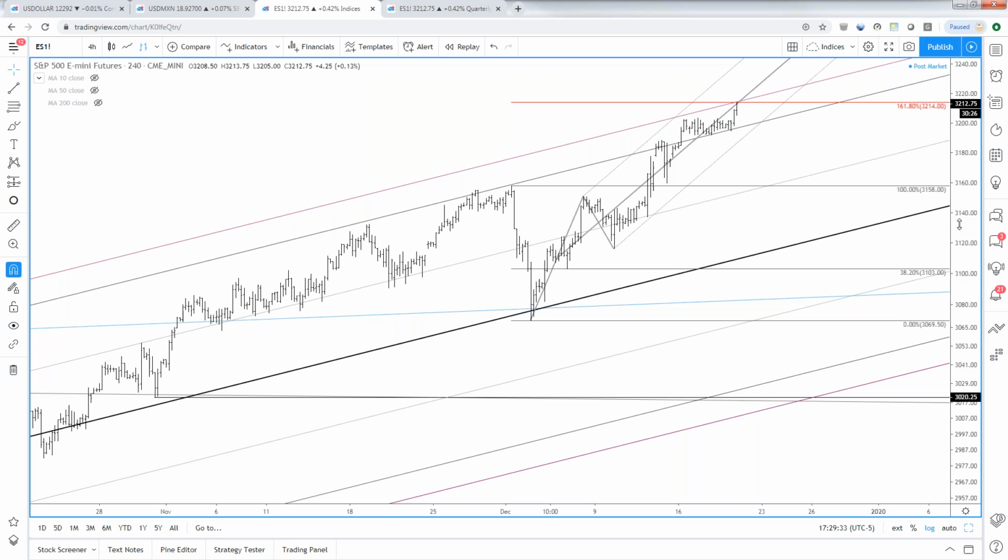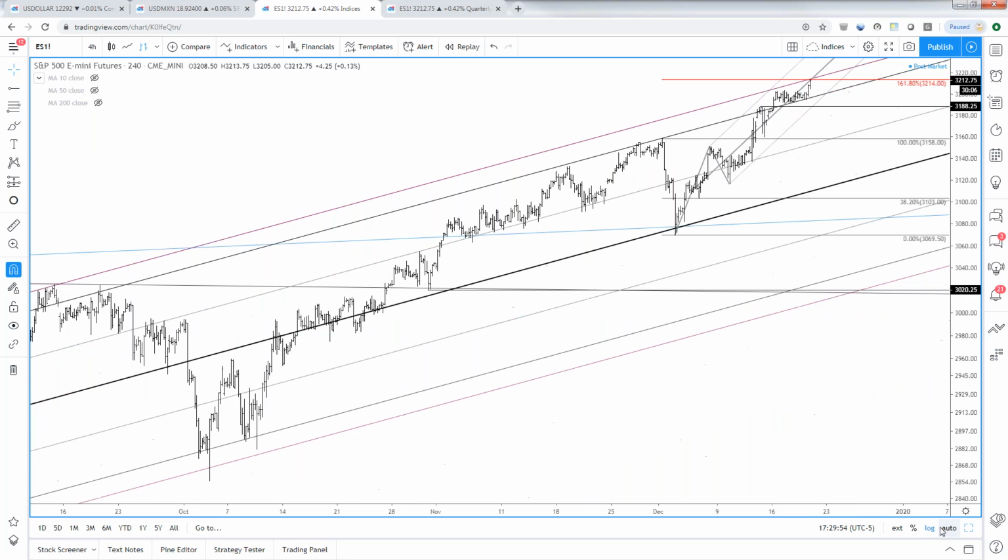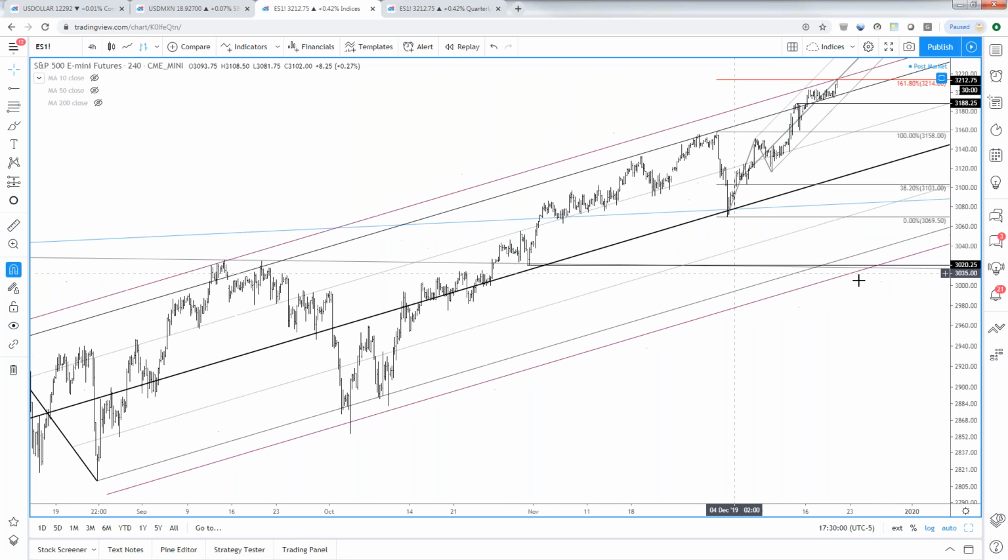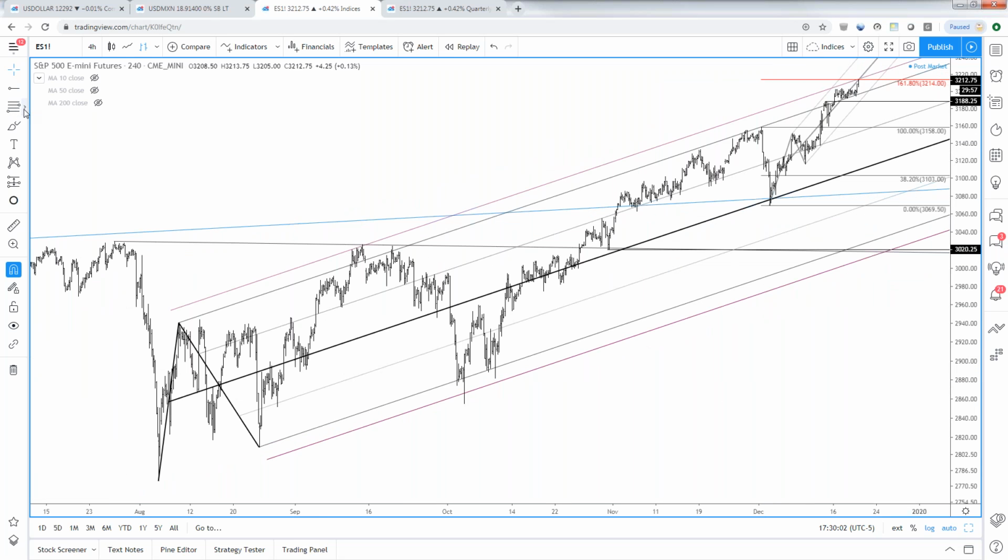Yep, it's a big spot for sure. I suppose you'd have to break this 3180 to get anything out of here on the downside. Maybe you're looking at 3158 or something like that as the next area of interest.